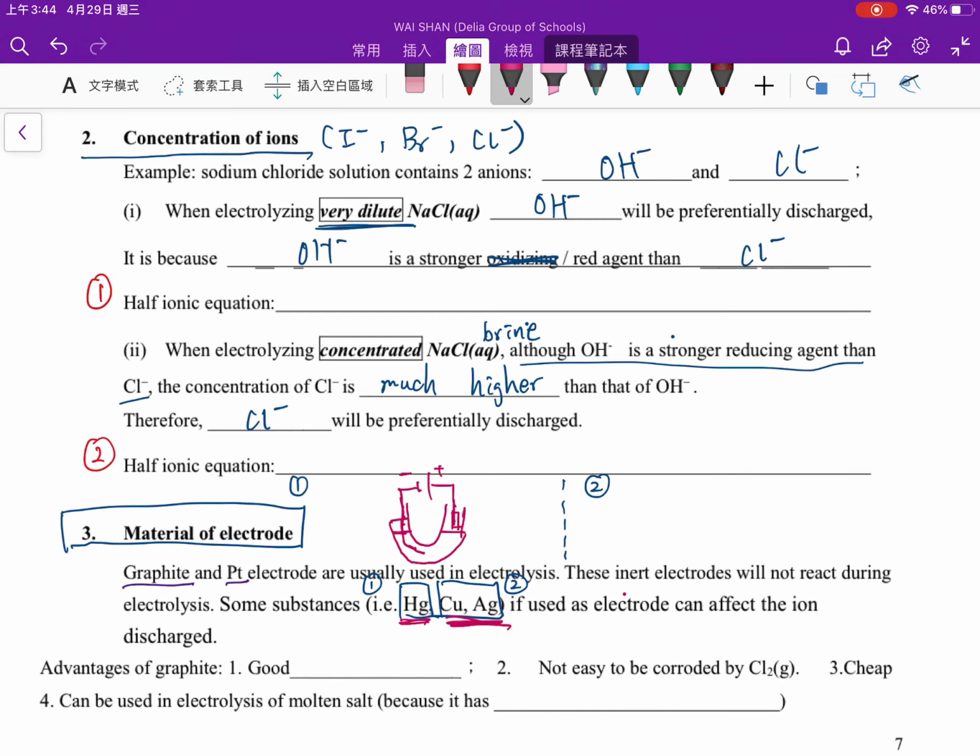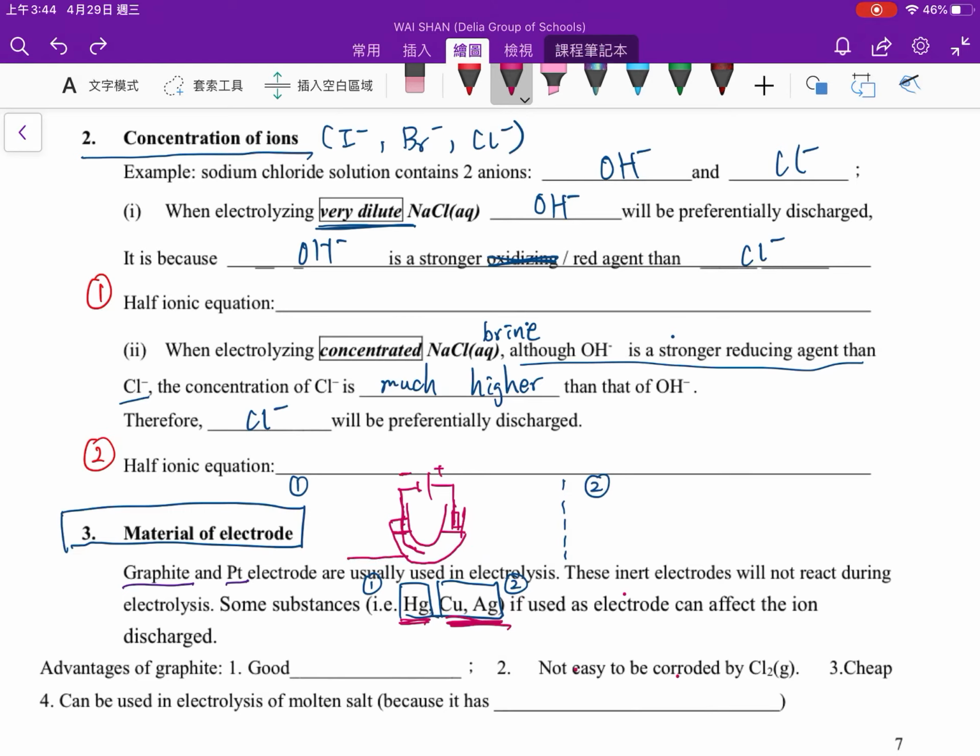A wire dips into the bottom of this U-tube, not that U-tube. And then this is mercury. I write it on another side because I'm afraid that you will misunderstand it. It's connected to the positive electrode of the battery.